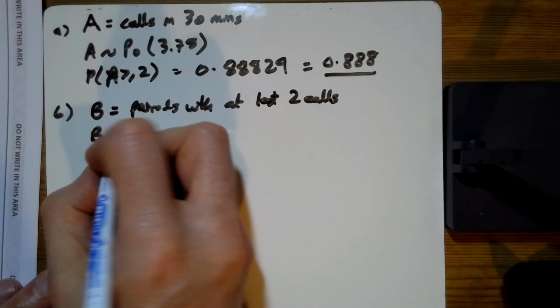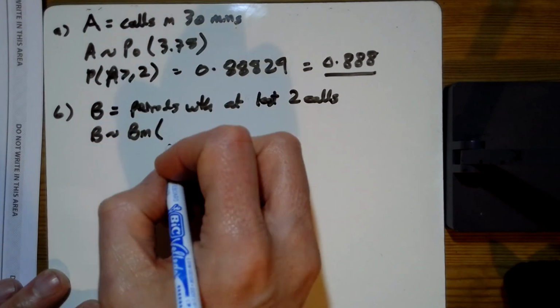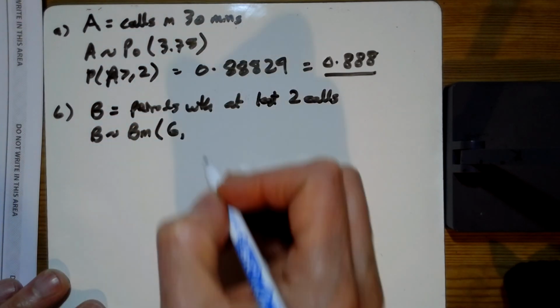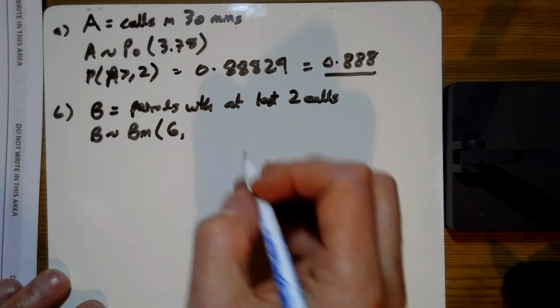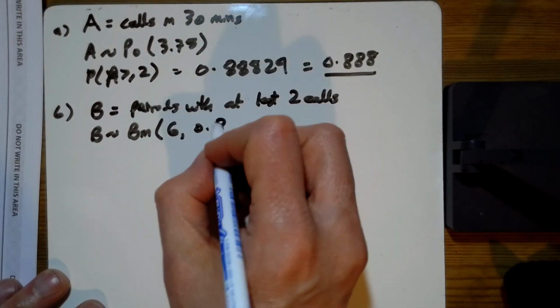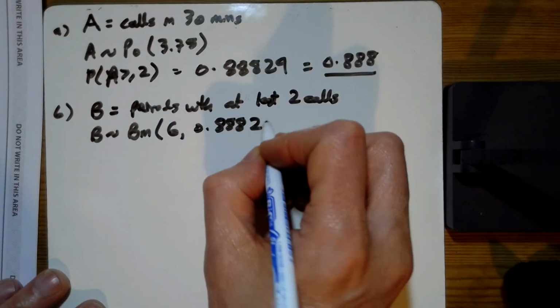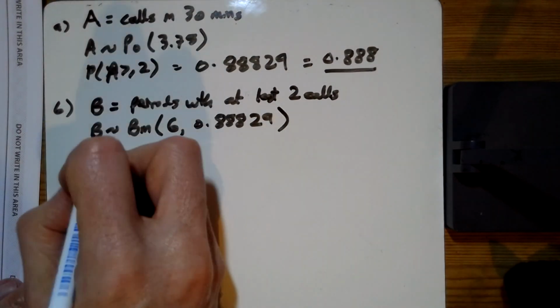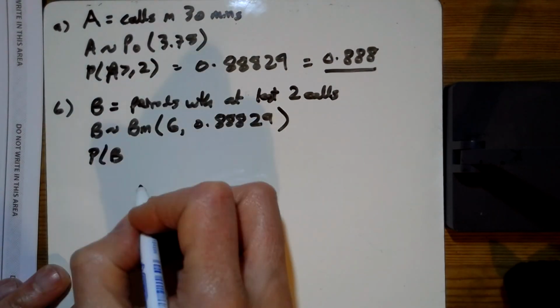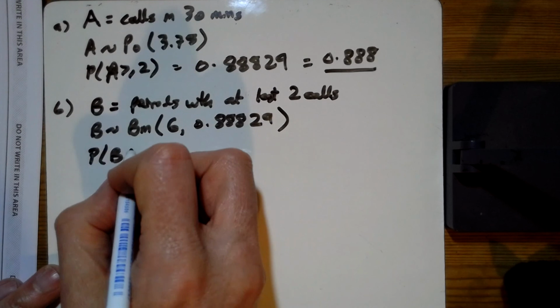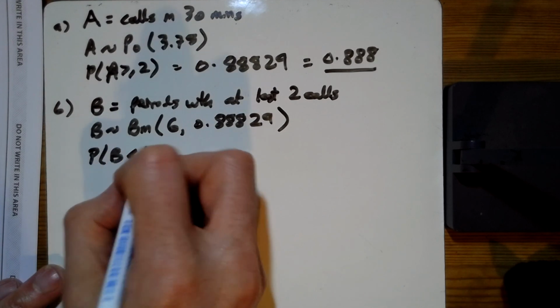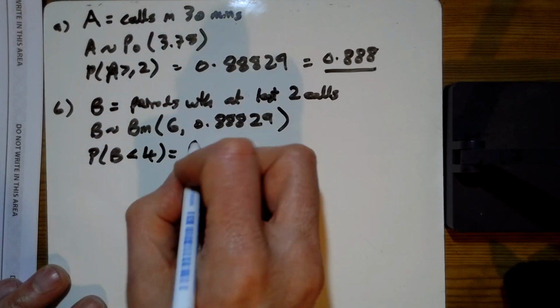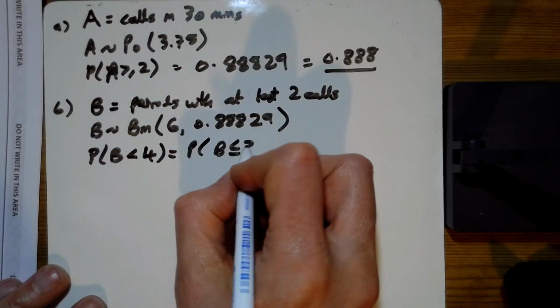So B is a binomial. We've got 6 periods we're looking at, and the probability of getting at least 2 calls is 0.88829. We want the probability that fewer than 4 is less than or equal to 3.